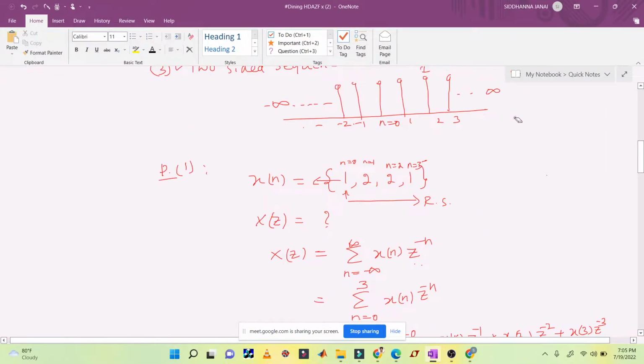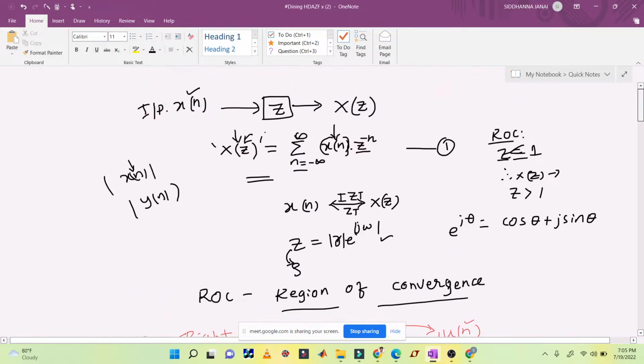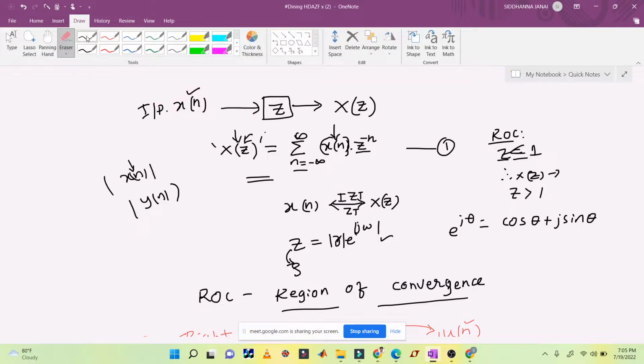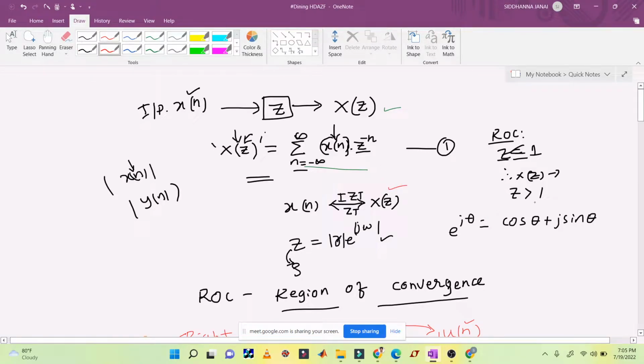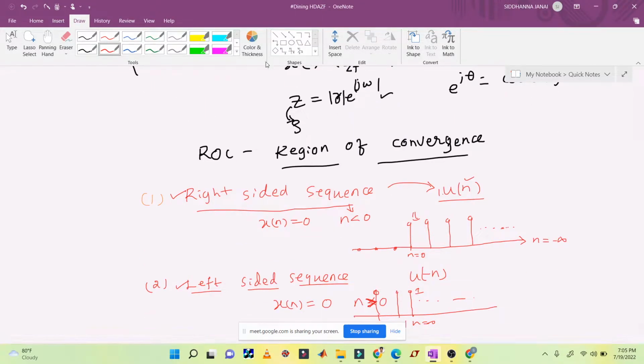So quickly let us run through whatever we have done yesterday. First, the definition. Then we have come across, let me use darker pen, the Z-transform, and there is also the inverse Z-transform, and the value of Z, it is R into e to the power j omega.